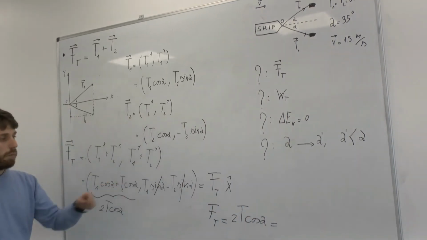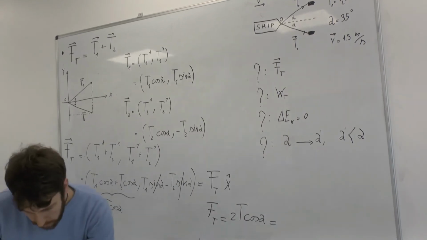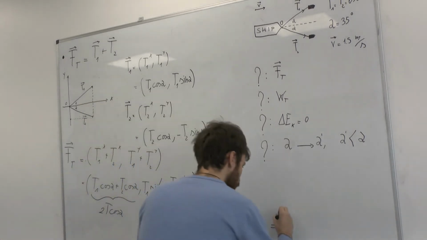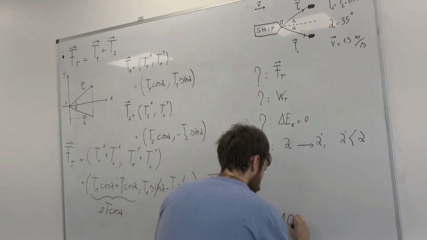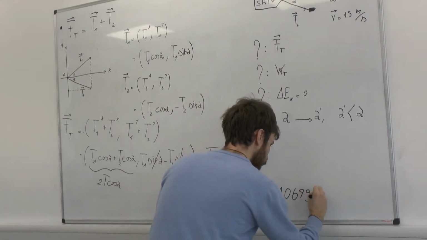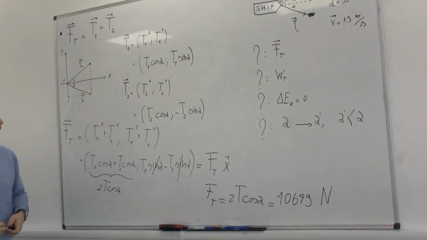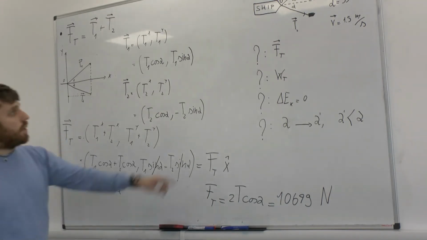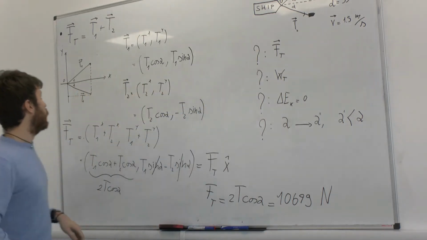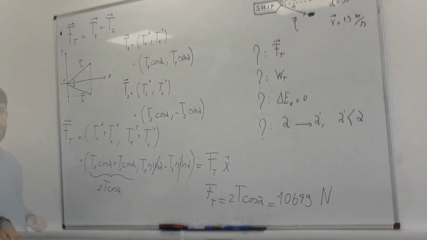And if we plug in numbers, we obtain about 10,6 newtons. Okay, so this is the pulling force, which means this is the resultant force coming from T1 and T2.